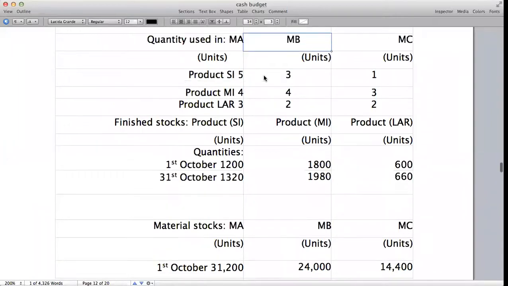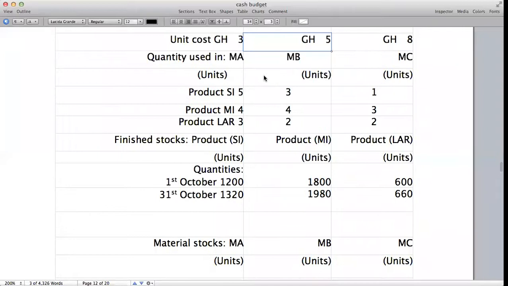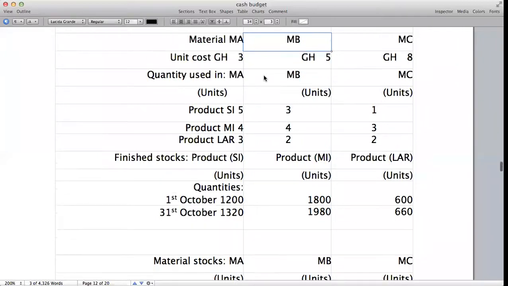So material MA, MB, MC. Unit cost is 3 cedis per MA, 5 cedis, and 8 cedis. So let me put them down. 3 cedis, 5 cedis, and finally 8 cedis.